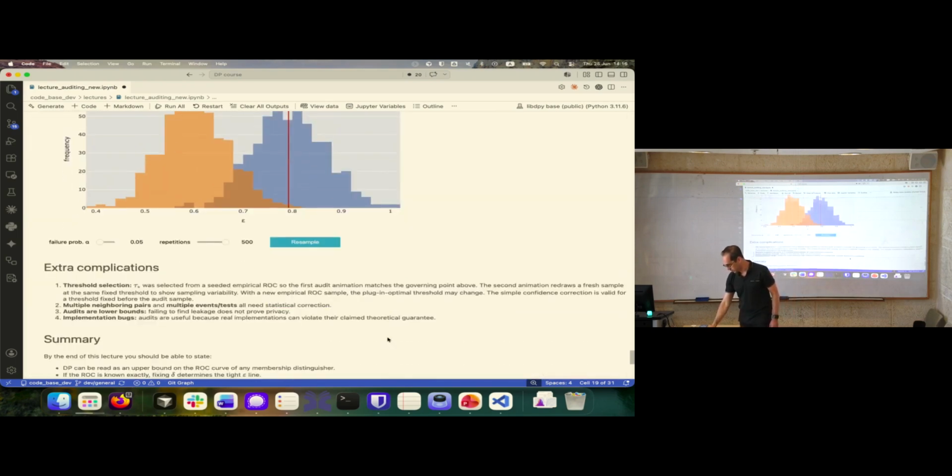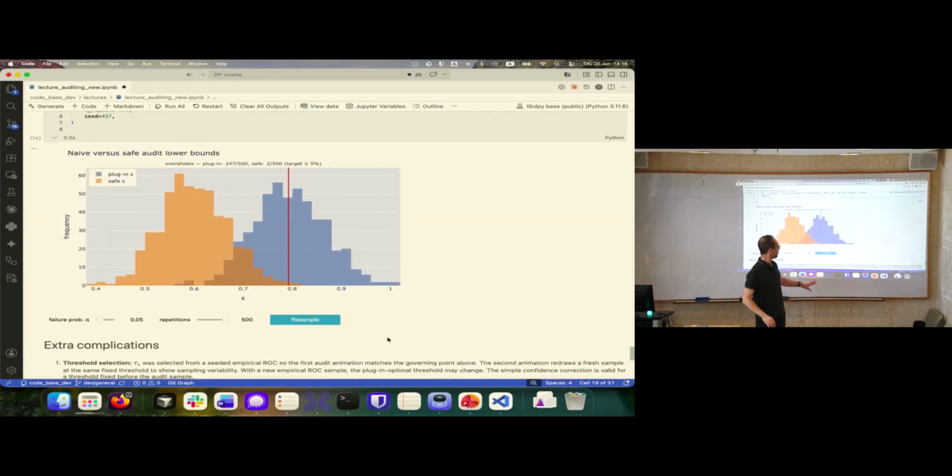So let's see what it looks like in practice. Here we have a specific epsilon equal, in fact, 0.7 something, almost 0.8. And there's the distribution, and you get a particular threshold. Sorry, this is not the epsilon.